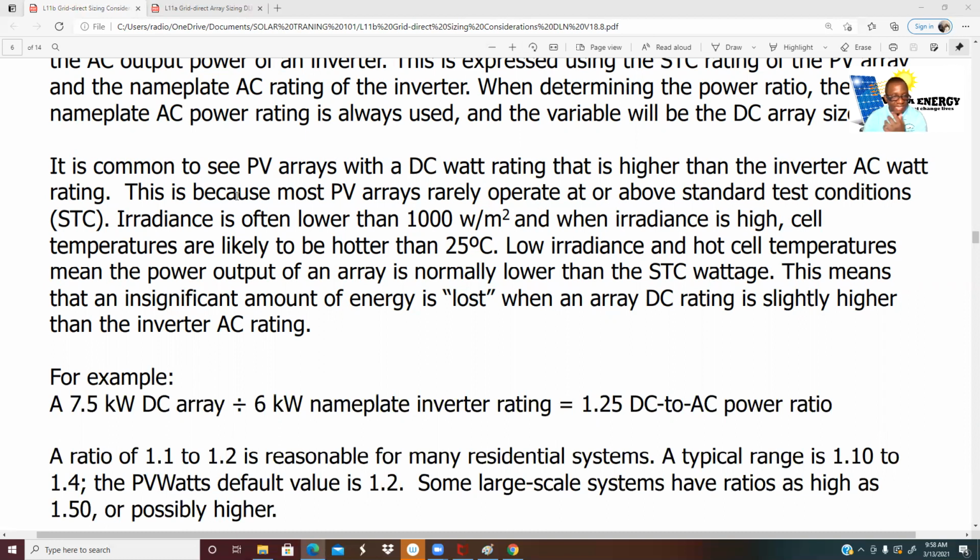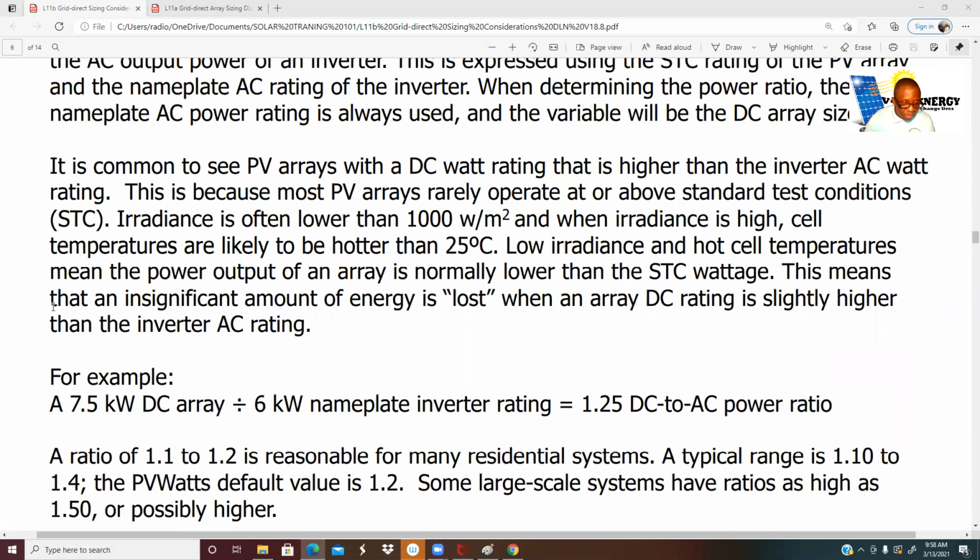Insignificant, I mean, not important. For example, a 7.5 kilowatt DC array divided by a 6 kilowatt nameplate inverter rating equals a 1.25 DC to AC power ratio.